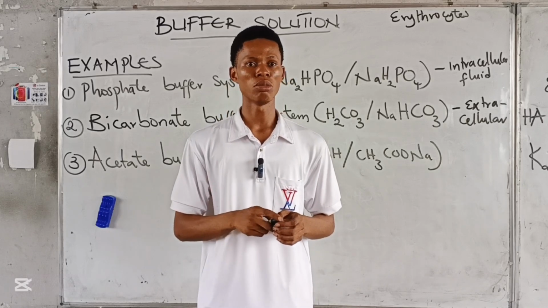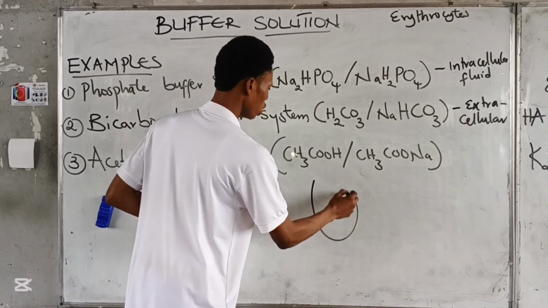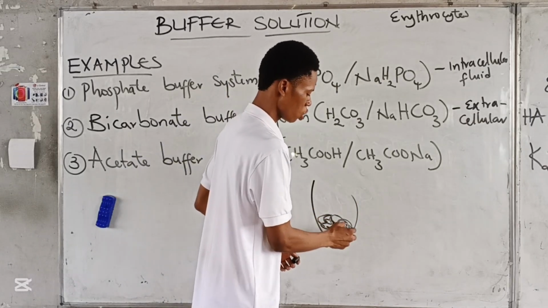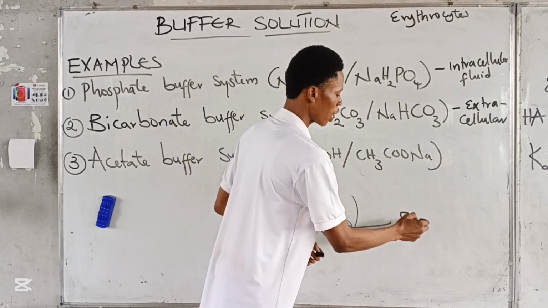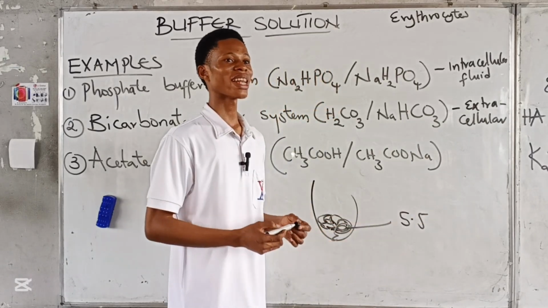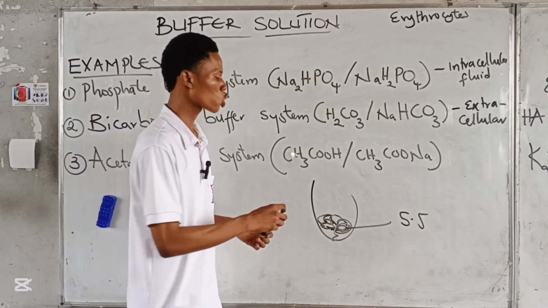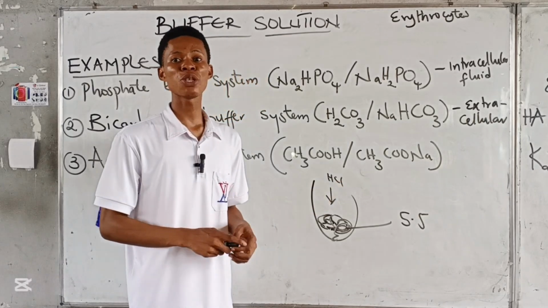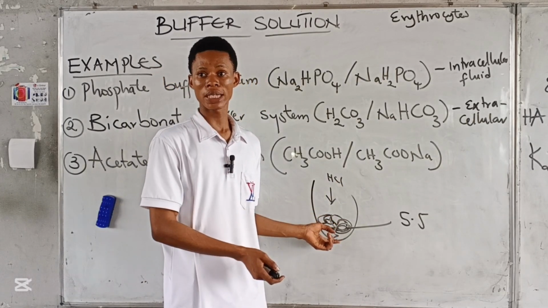What does that actually mean? If I have a solution in this container, and let's say the pH of this solution is 5.5, and I now take a strong acid like hydrochloric acid and add a small amount of it here, normally the pH is supposed to change, right?